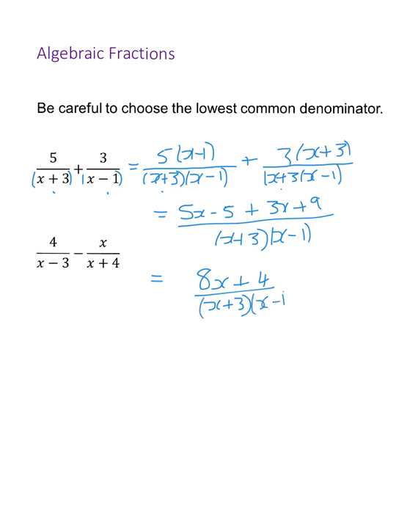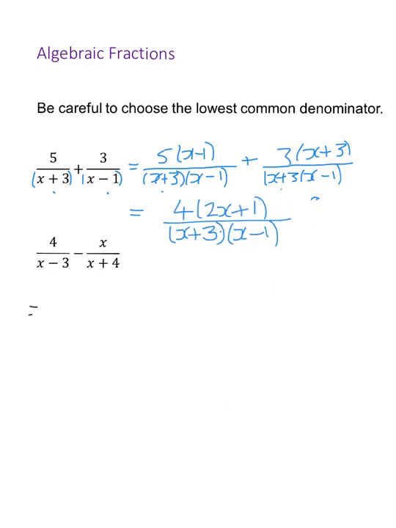And I can see I can factorise my numerator, so I can take 4 outside the bracket. That'll give me 4 bracket 2x plus 1 over x plus 3, x minus 1. I can't cancel out any of my brackets, so I leave that as my final answer. I would suggest not to expand expressions in the denominator, just leave it as it is.